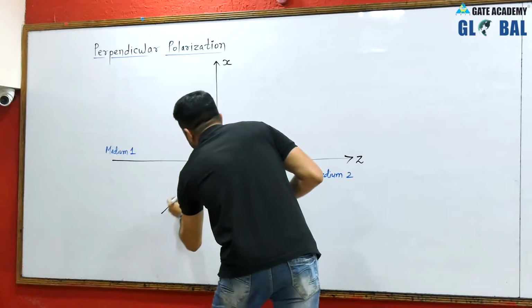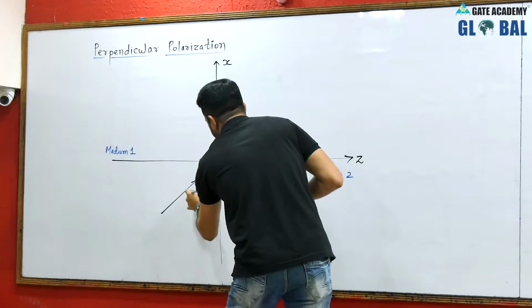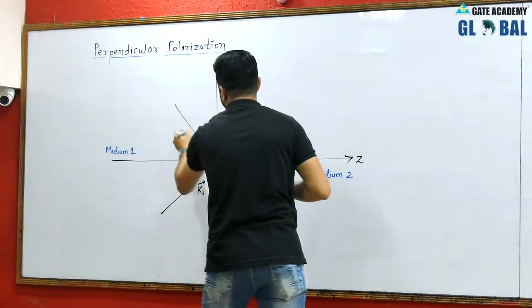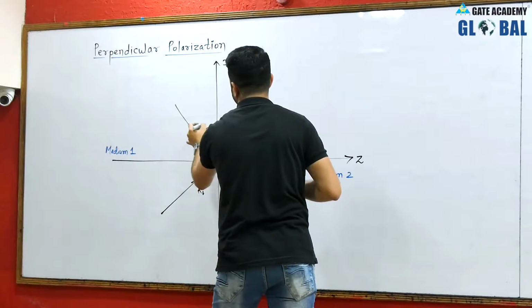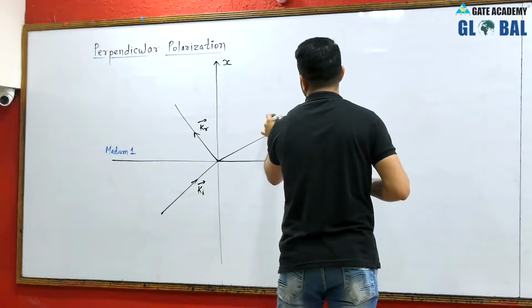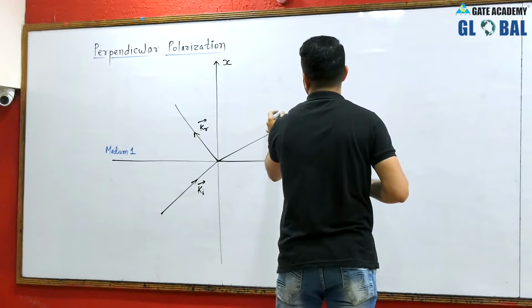The wave is incident from here. This is the Ki, and the wave is reflected here. This is Kr, the reflected propagation vector, and this is the transmitted propagation vector Kt.